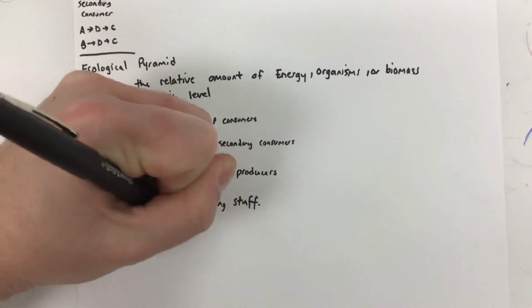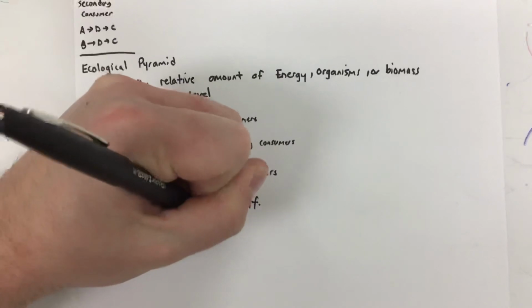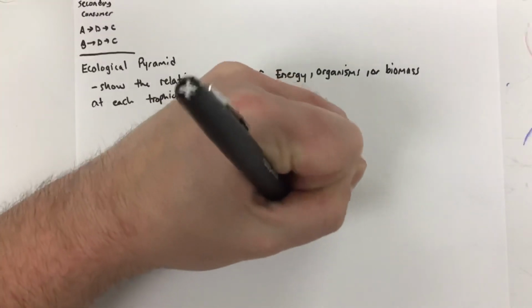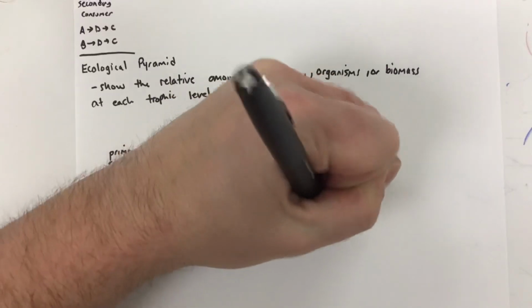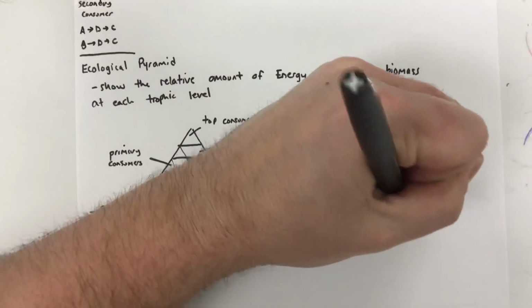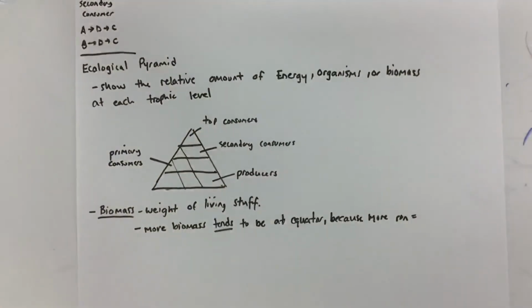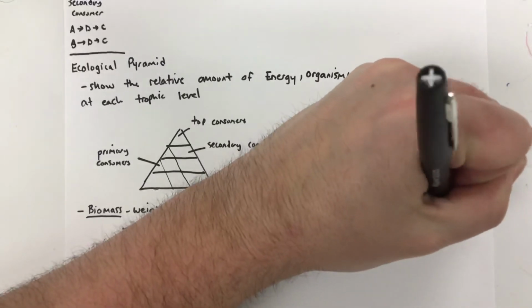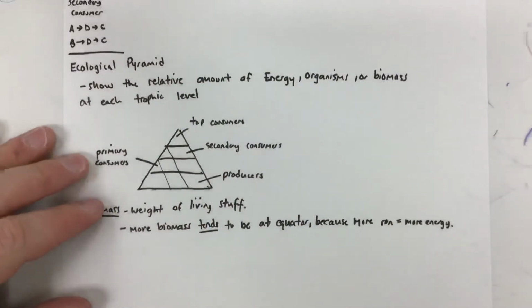More biomass tends to be at the equator because more sun equals more what? More energy. More sun is more energy.